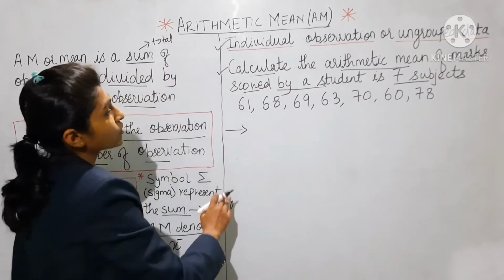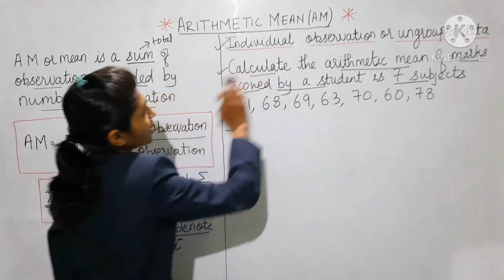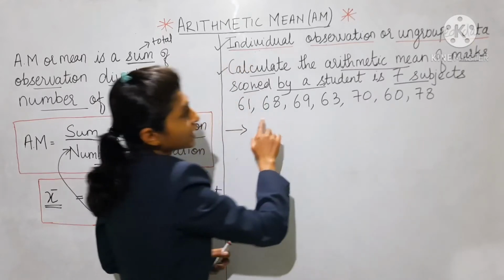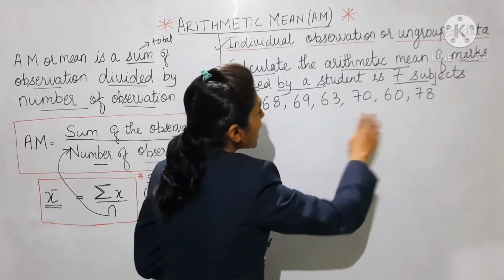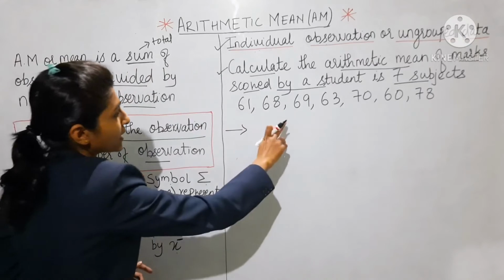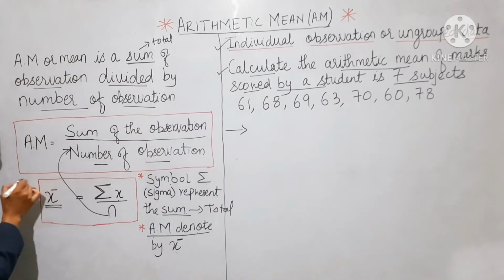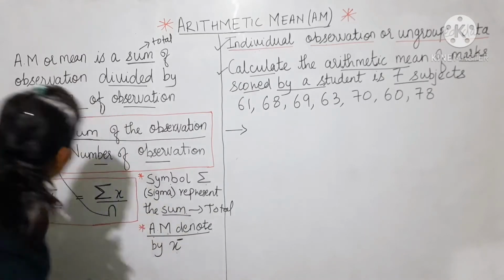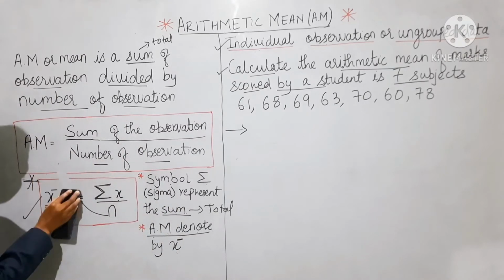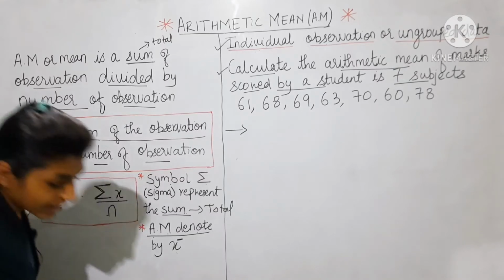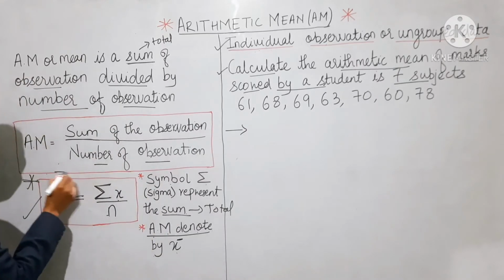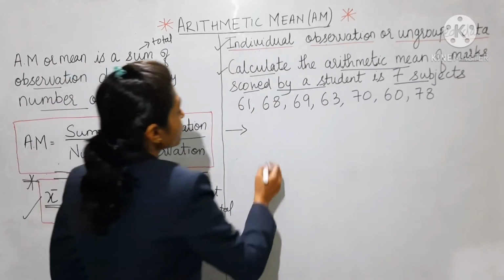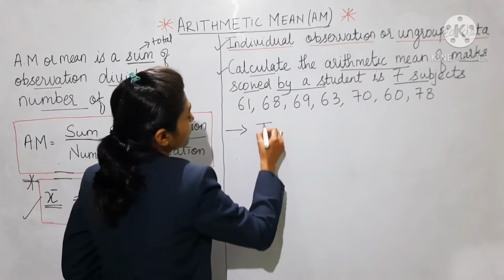In an exam also, if the numbers are given in individual format or ungrouped data, we calculate arithmetic mean by using this formula. So first, the solution: we have to find arithmetic mean.